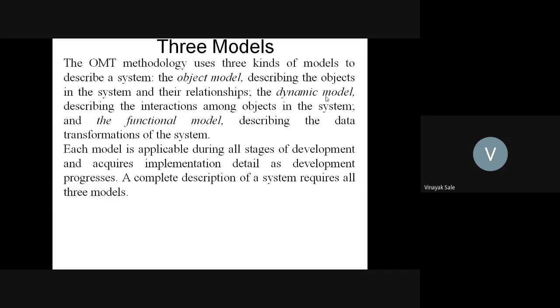And the functional model describes the data transforms of the system. Each model is applicable during a stage of development and acquires implementation details as development proceeds. A complete description of a system requires all three kinds of models.